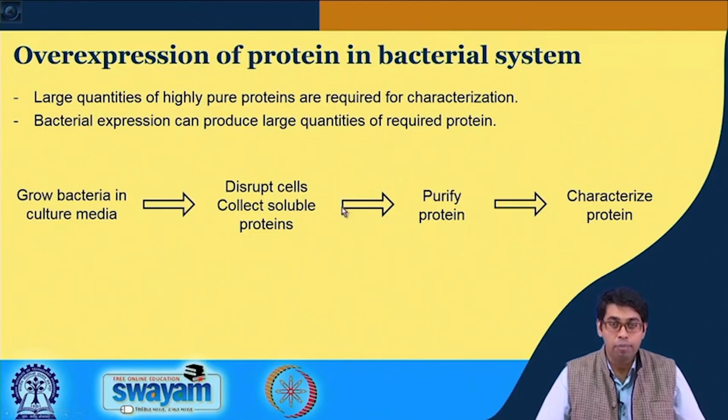At this step we have a mixture of all the proteins expressed by the bacteria, in which our protein of interest is also present, plus all the DNA and RNA and other cell debris. From this huge mixture we have to isolate the one protein that we need. Once we have that protein, we can go on to characterize it using biophysical and biochemical methods. Today's lecture will mostly focus on this purification process, where we want to isolate a single protein from a mixture of more than 1000 different proteins.